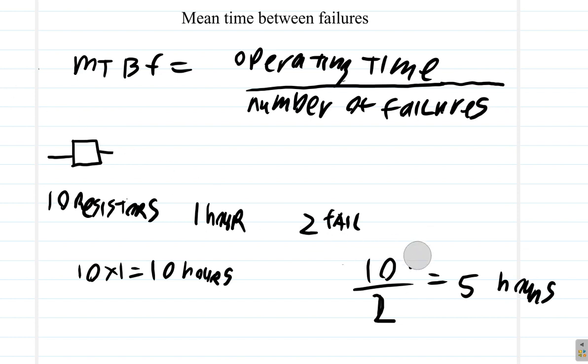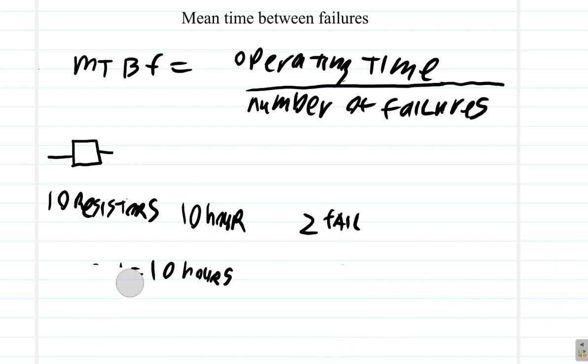Now let's make some more changes. Suppose you had tested these resistors for 10 hours and only 2 fail. Then you expect greater reliability now. Each of them should last longer because it's 10 hours.